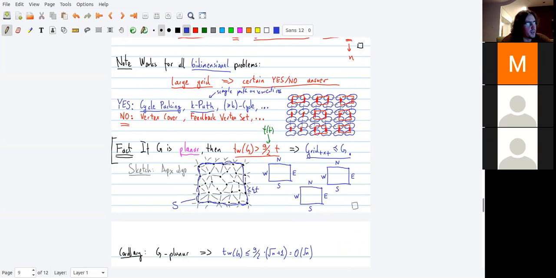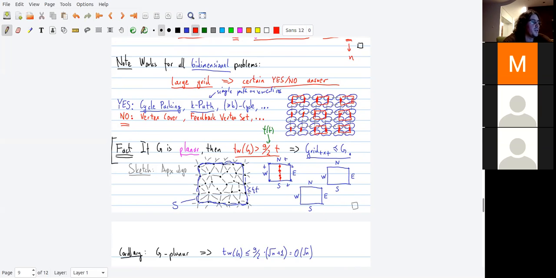So if my boundary is of size at most 4t, I will break it into 4 pieces of length t and call them north, east, south, west. Now I would like to proceed with decomposing the graph. One way of decomposing the graph is to find a small cut between west and east, so to find at most t vertices that cut the west from the east.